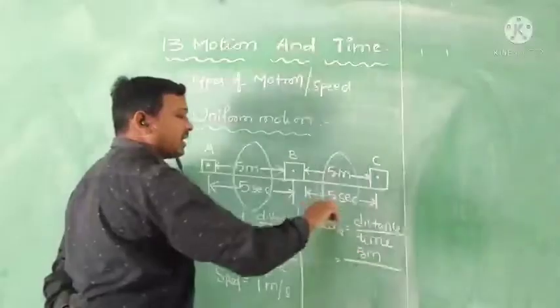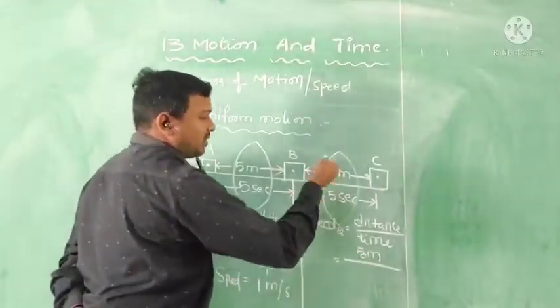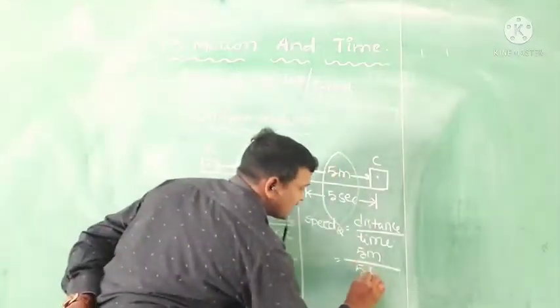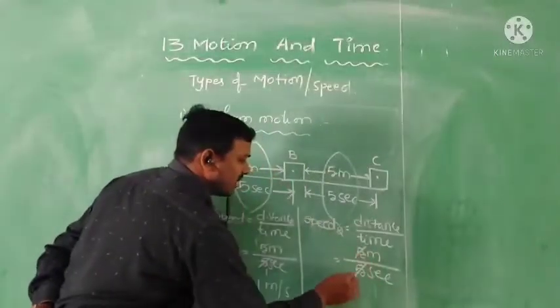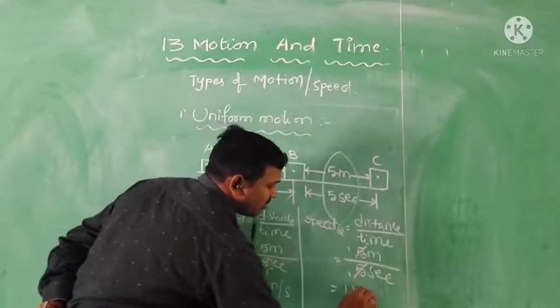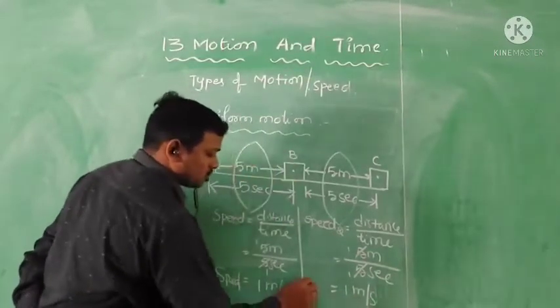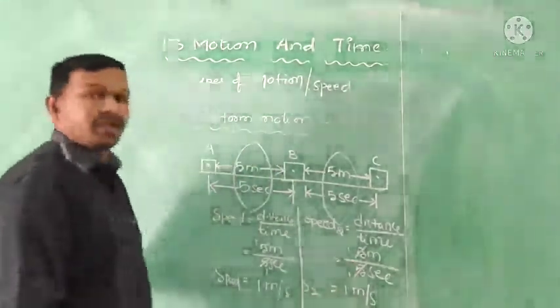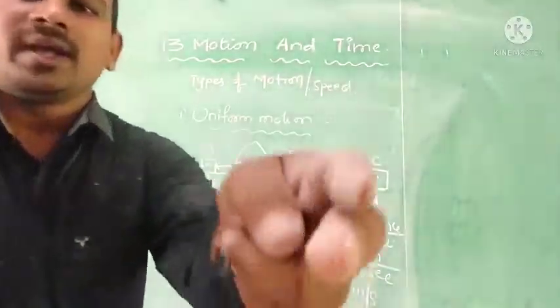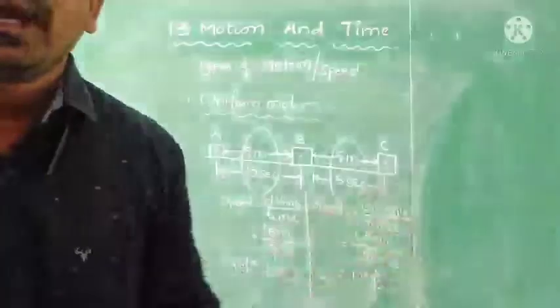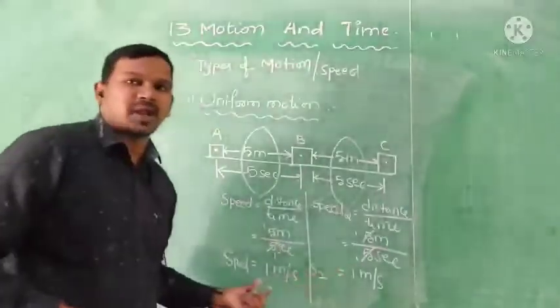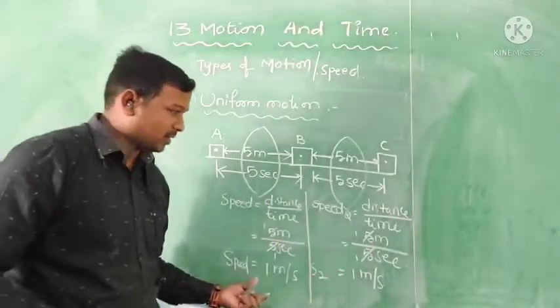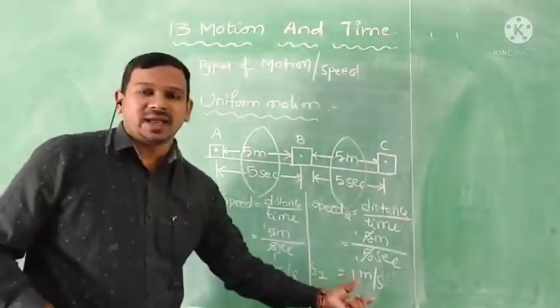What is the time he took to cover these 5 meters? 5 seconds. So the 5s get cancelled and we get 1 meter per second. So speed 2, S2 as I am denoting here, is also 1 meter per second. Speed 1 is also 1 meter per second.